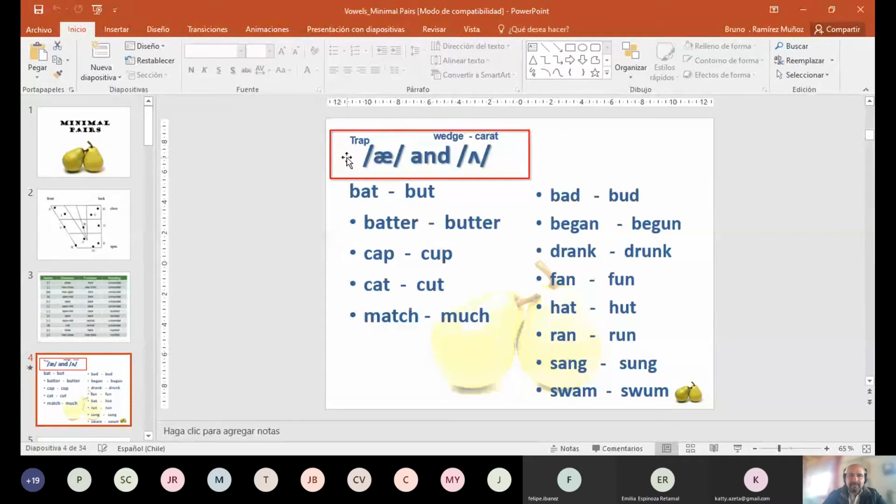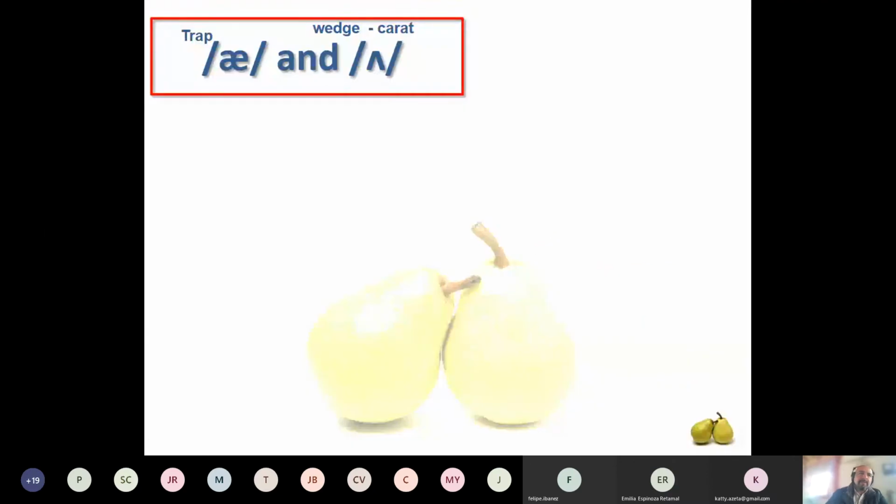In this slide, we have two vowel sounds which are quite similar. We have the trap and the so-called wedge or caret. So you're expected to know the theory and the practice about these two vowel sounds.